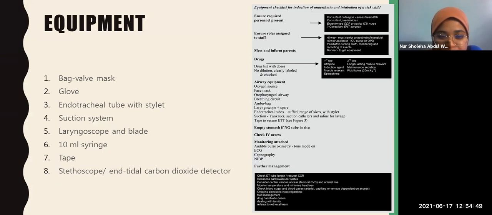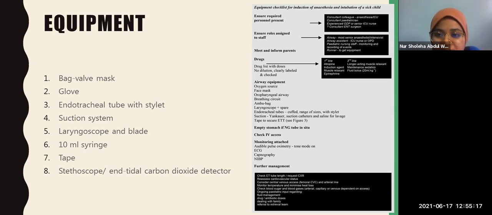Mainly in pediatrics, the uncuffed ET tube is indicated. So usually the uncuffed ET tube is needed in neonates, infants, and young children below the age of 8 years old. However, there is a randomized trial which stated that the cuffed tube had better tidal volume and less leakage compared to uncuffed.